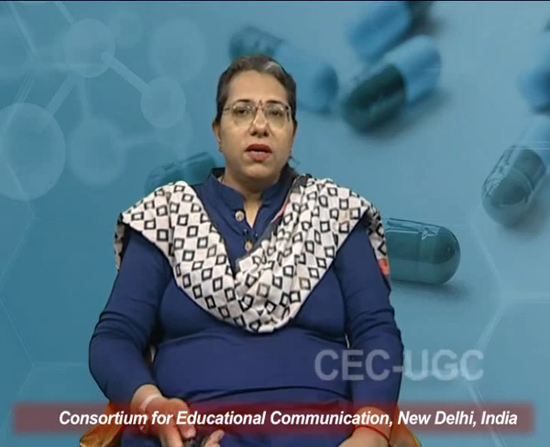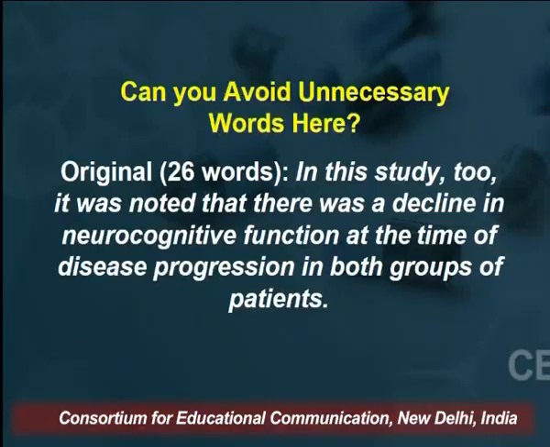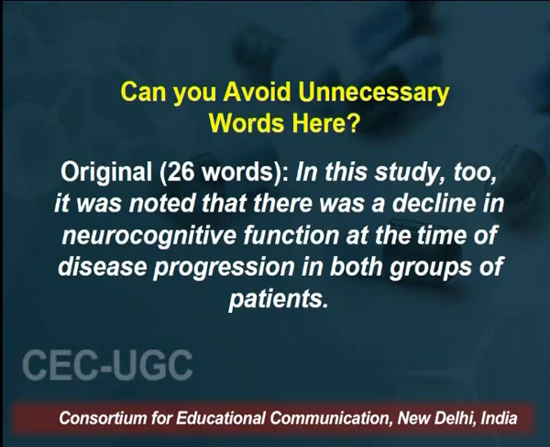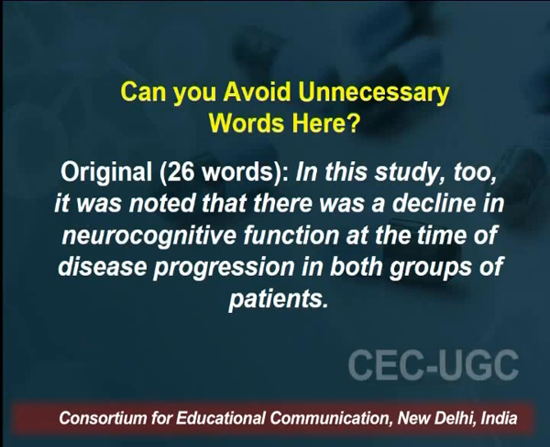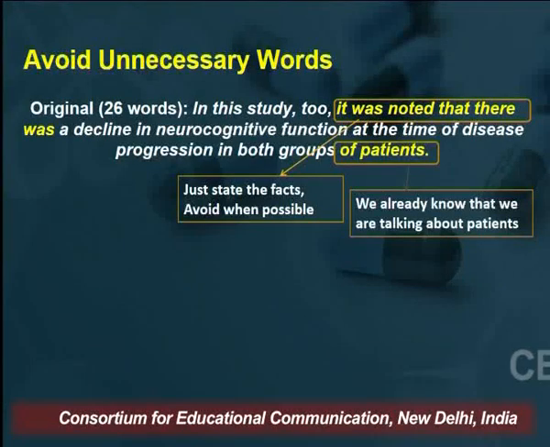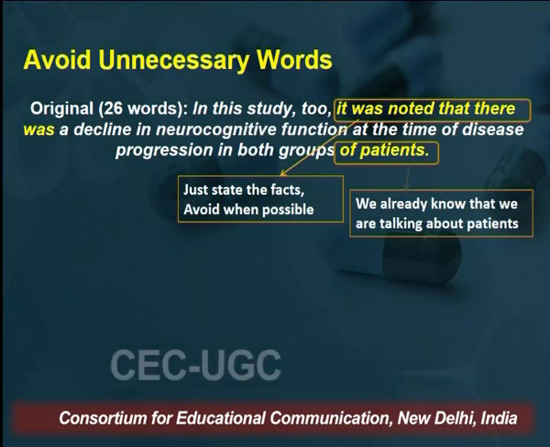So can you avoid unnecessary words here? Please have a look. The original was 26 words: "In this study too, it was noted that there was a decline in neurocognitive function at the time of disease progression in both groups of the patients." Now we are trying to avoid the unnecessary words and make it from three lines to two lines.